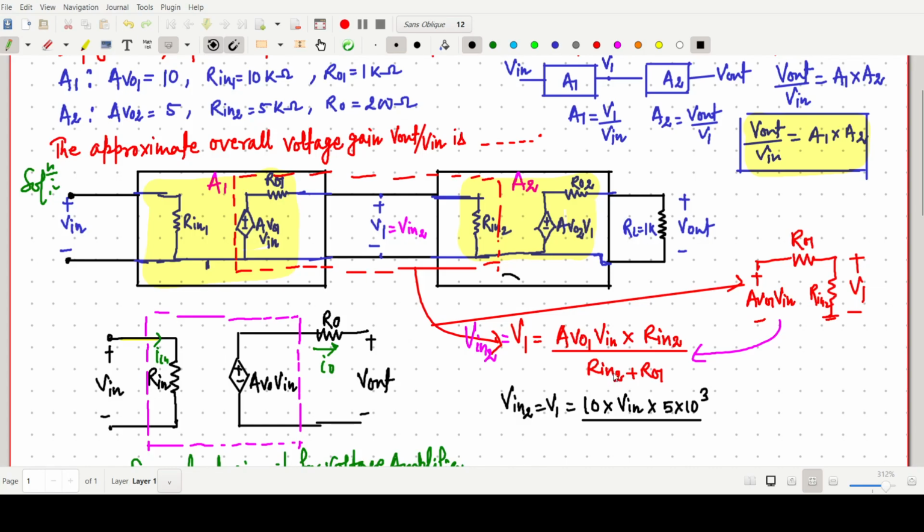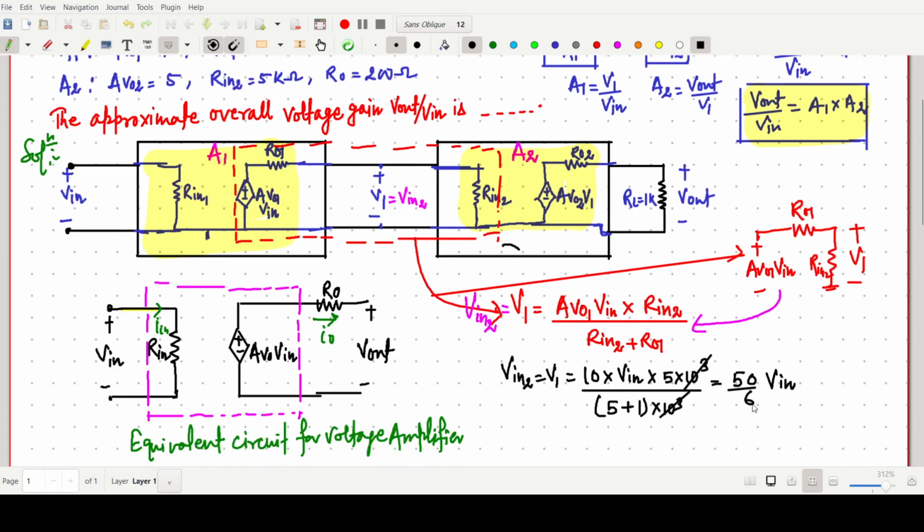Then R in, that is our 5, plus R naught 1. R naught 1 is 1 kilo ohm, so I am writing here 10 to the power 3. I am taking common, so 10 to the power 3 and 10 to the power 3 cancel. 10 into 5, 50, so 50 by 6 times V in.